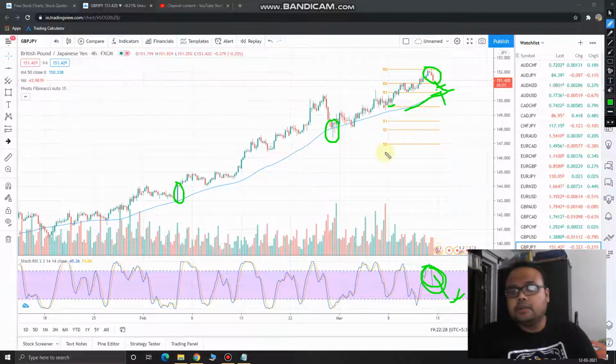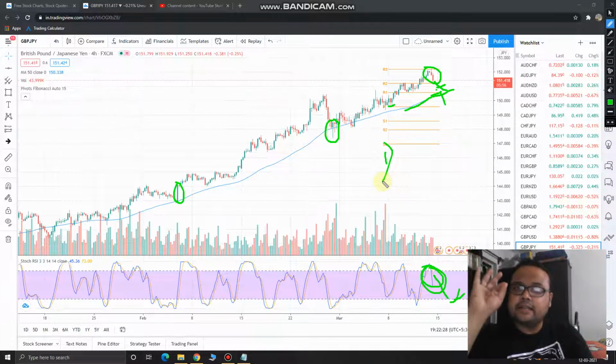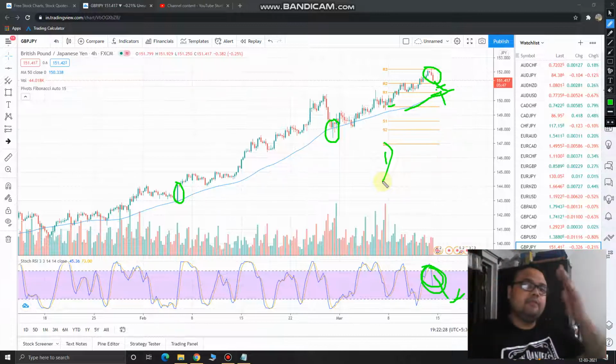So the first strategy is wait for the price to come down to the 50 moving average, take support, and when it bounces back, grab it. Second strategy is if it doesn't come to the 50 moving average, just wait for the stochastic RSI to go to the oversold zone.